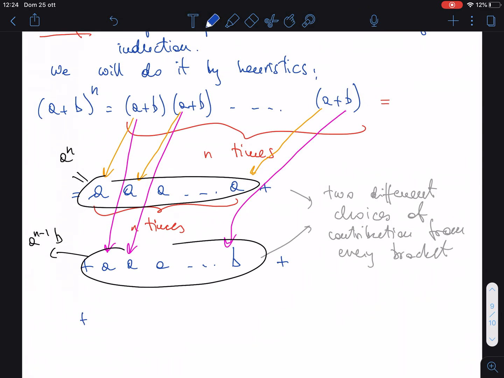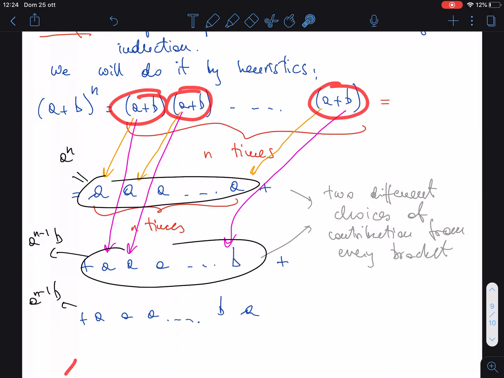For instance, you can choose A from the first box, A from the second, A from the third, A from the last one, but from the second last, for instance, you choose B. And again, you end up with A^(n-1) b. So notice that there are several different choices of contributions from the various boxes, from the various brackets, that amount at the end to A to the power n-1 times b.